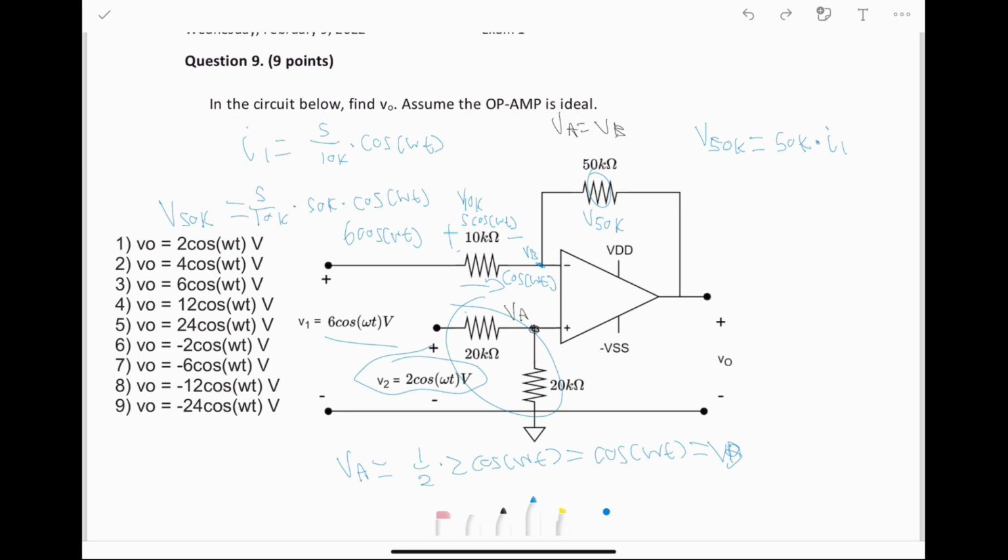If we simplify this a bit, we'll see that V50K is equal to 25 cosine omega t, which means the voltage drop across this component here is 25 cosine omega t. And I'll just write that up here. So from this point to this point, we have a 25 cosine omega t drop.